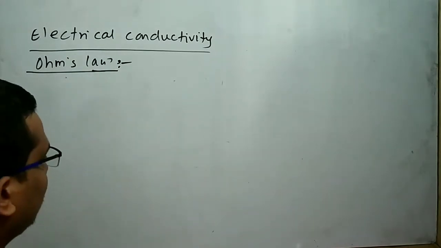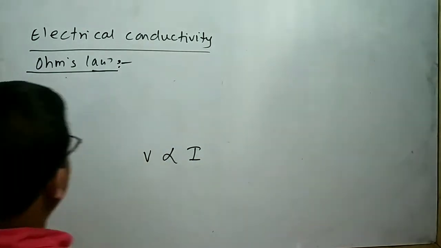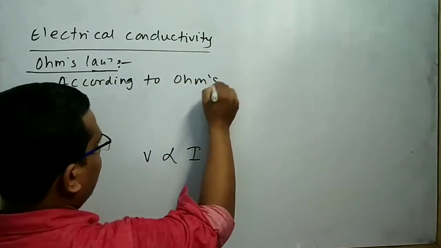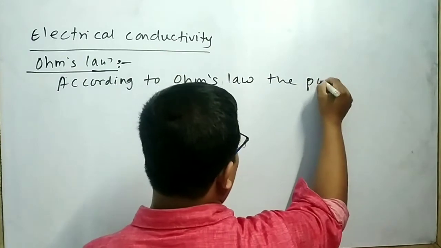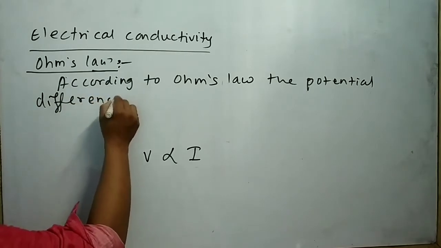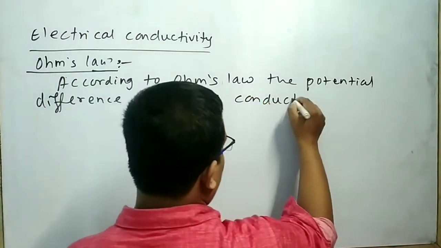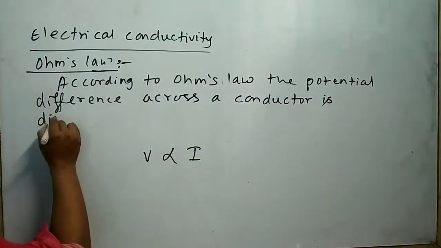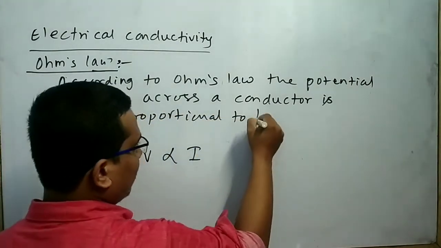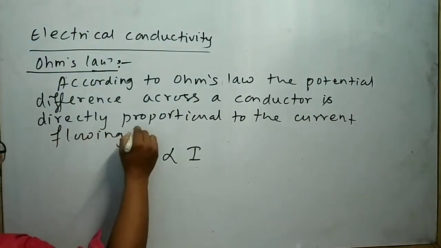According to Ohm's law, the potential difference V is directly proportional to the electrical current. So I can write, according to Ohm's law, the potential difference across a conductor is directly proportional to the current flowing through it.